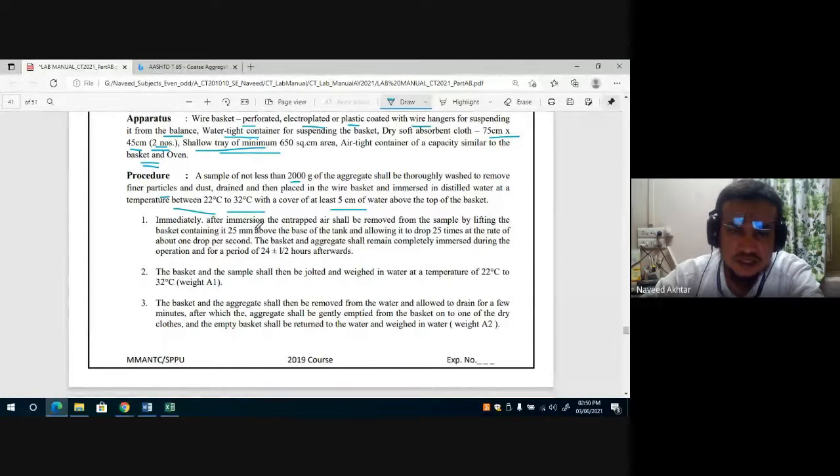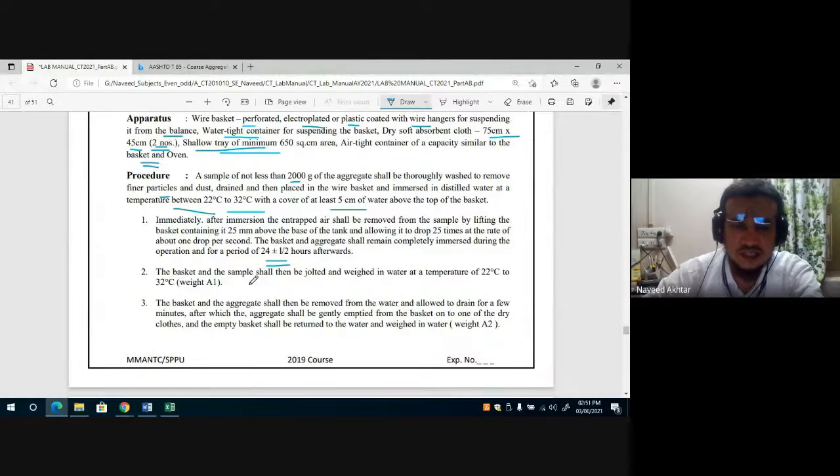Immediately after immersion, the entrapped air shall be removed from the sample by lifting the basket containing the aggregate 25 mm above the base of the tank and allowing it to drop 25 times at the rate of about 1 drop per second. The basket and the aggregate shall remain completely immersed during the operation and for a period of 24 plus or minus half hour afterward.